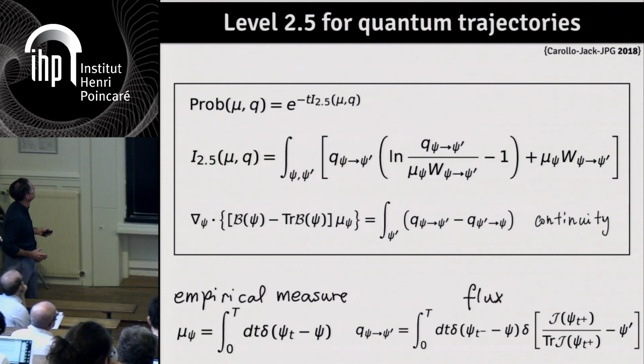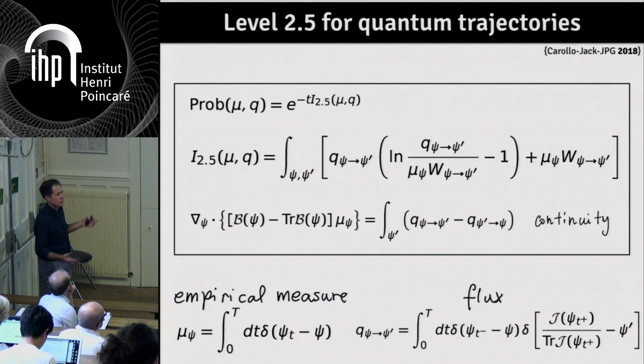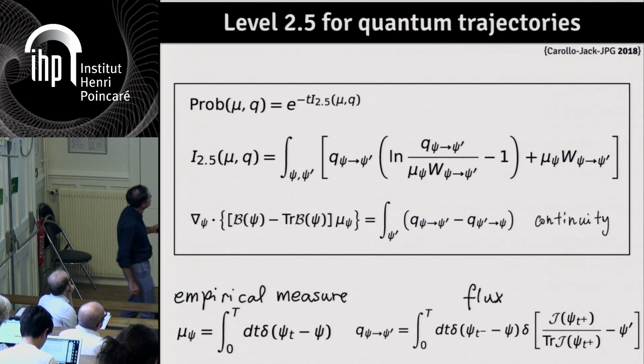So this is level 2.5 for quantum trajectories. The probability of finding an empirical vector and a flux matrix Q in trajectories up to time t is given by this large deviation form with this rate function I 2.5, which has a shape not too different from the classical one.